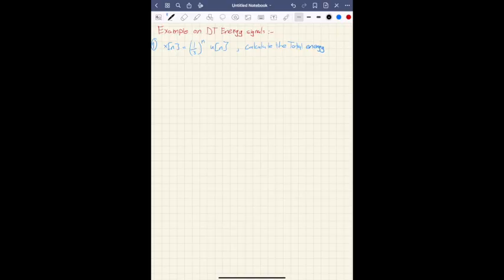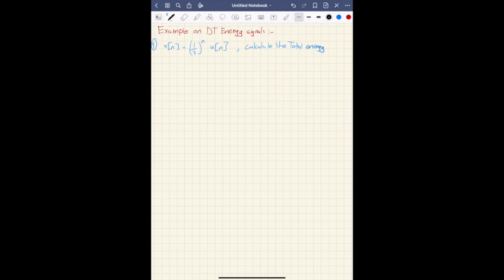In this lecture slide, we'll be solving an example on discrete time energy signals. We have this example right here, which is x of n equals (1/3)^n u of n, and we are asked to calculate the total energy.